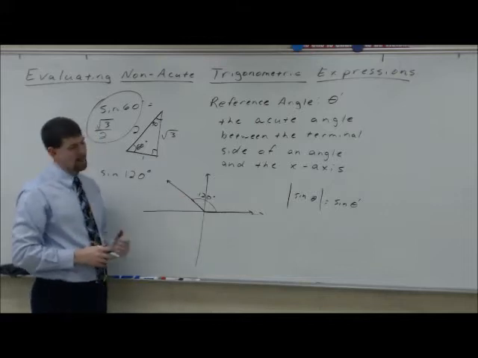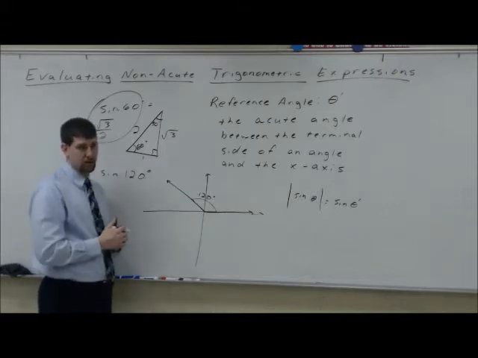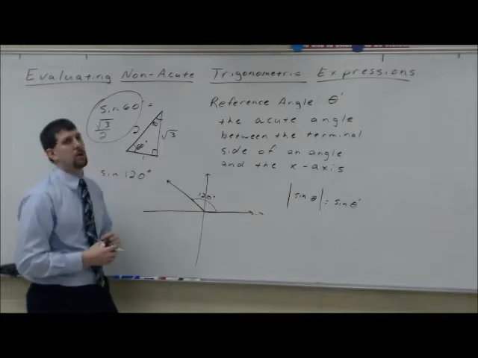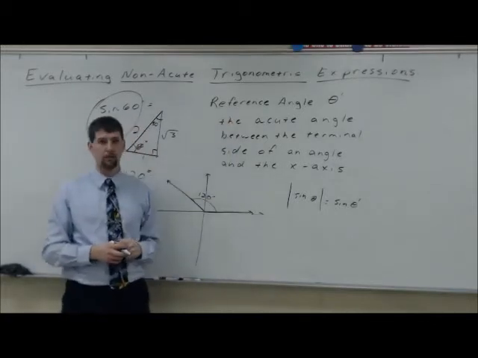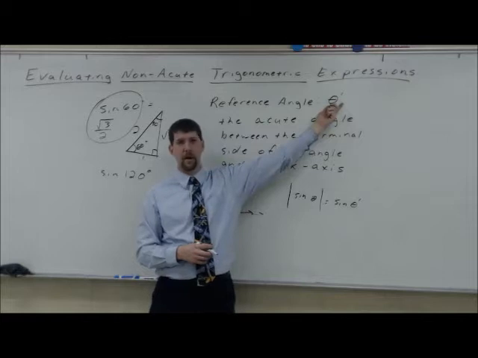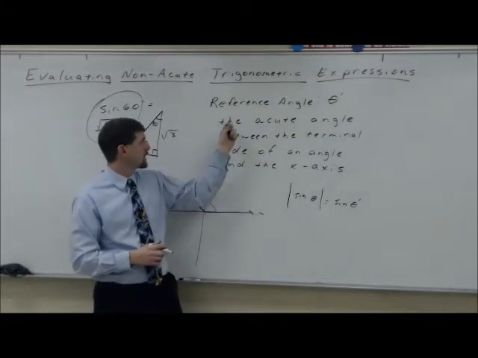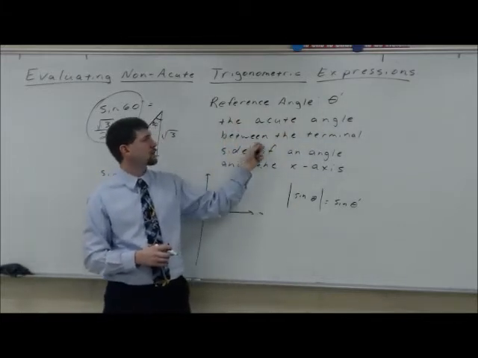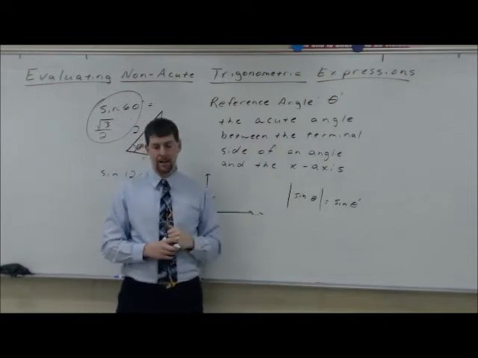So to get sine of this angle, because it all relates back to the right triangle, we have to use what we call a reference angle. A reference angle, which I'm going to call theta prime in this example, is the acute angle between the terminal side of an angle and the x-axis.